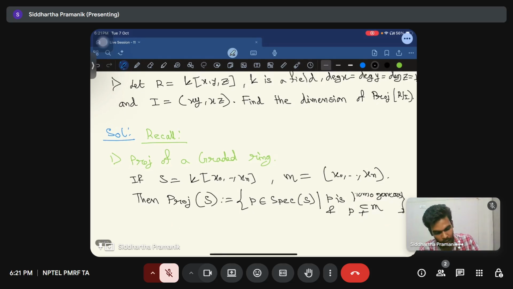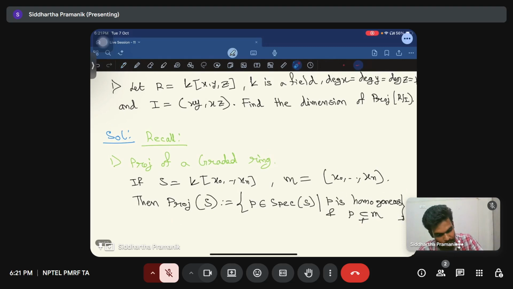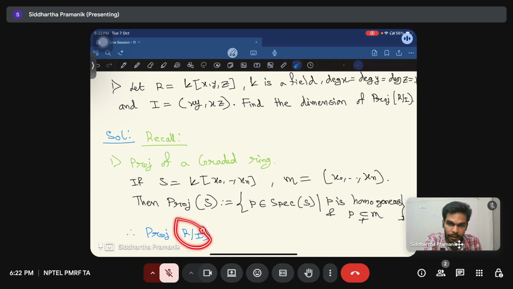Now, in place of S, we need to have R mod I. So what is Proj of R mod I? First of all, R mod I should be a graded ring, and it is a graded ring because I is a homogeneous ideal.